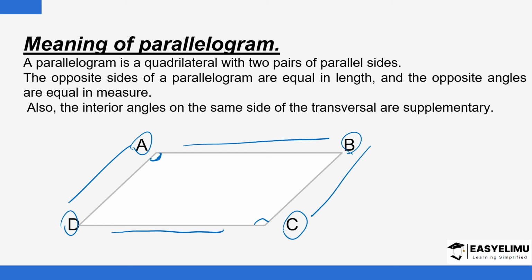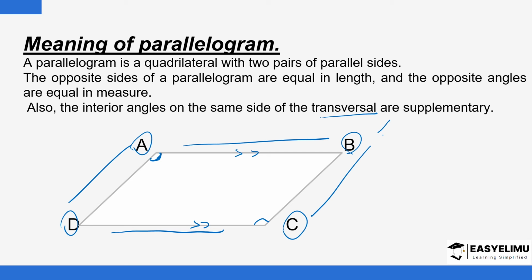Other than that, we also have the interior angles on the same side of a transversal being supplementary. When you talk about a transversal, this side here is parallel to this other side here. If you have a line that is joining or crossing both parallel lines, that line is described as a transversal. The interior angles on the same side of the transversal are supplementary, meaning if you add the two, you get 180.